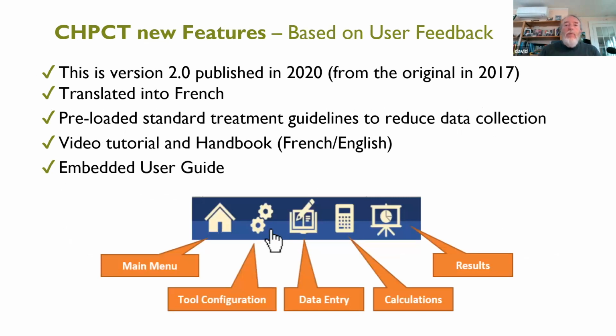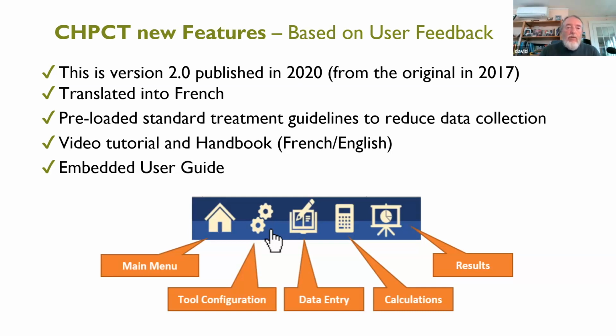The Community Health Planning and Costing tool original version was produced in 2017, I think, and this is version 2.0, which was published in 2020. The original version was used in quite a few countries.